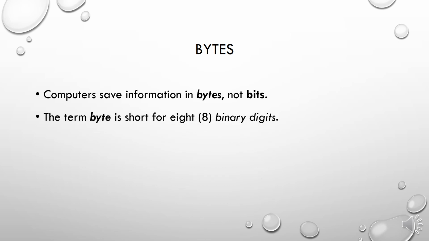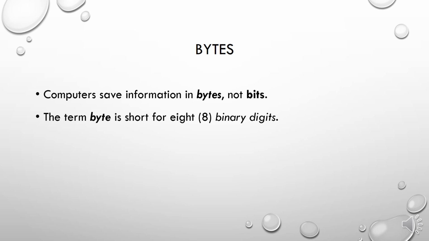The next unit after nibble is bytes. Computers save information in bytes, not bits. So most of the information we save in a computer system is in the form of bytes, but the computer system executes bits, not bytes, though we save information in terms of bytes. The term byte is short for 8 binary digits.